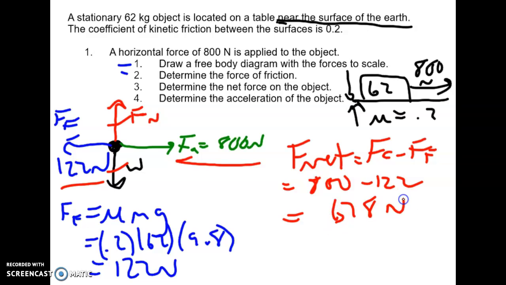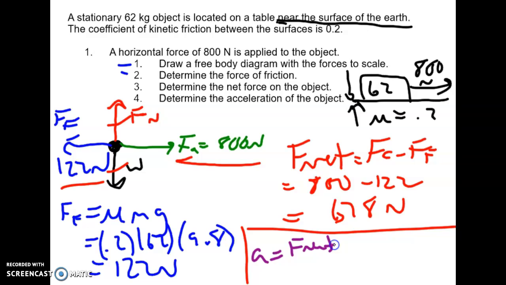Last but not least, I want to calculate the acceleration of this object. The acceleration of the object is equal to the net force divided by the mass. The net force was given as 678. The mass is 62.